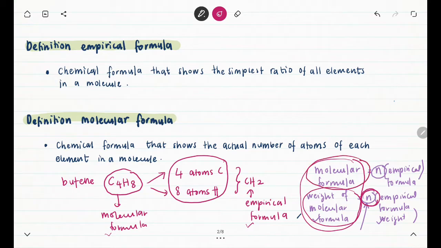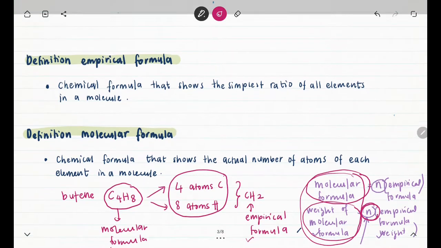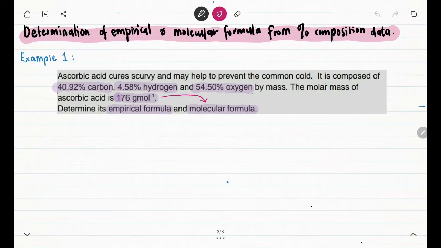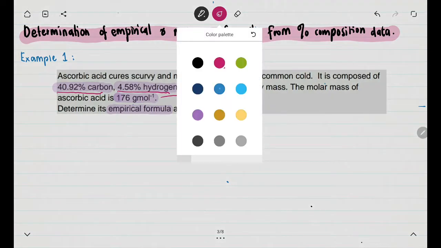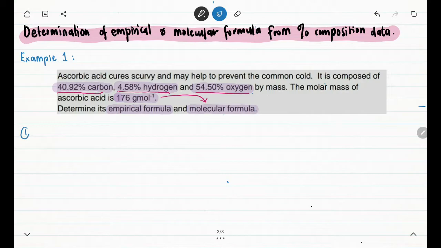So first we need to calculate the empirical formula. How do we calculate the empirical formula? We will use the percent of carbon, hydrogen and oxygen here. The first step is to determine the mass of each element in the sample.